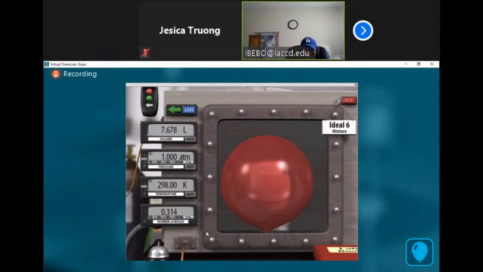Okay, so then you're using that particular equation, you fill out the data table below 7. Ideal gas 2, ideal gas 4, ideal gas 6.